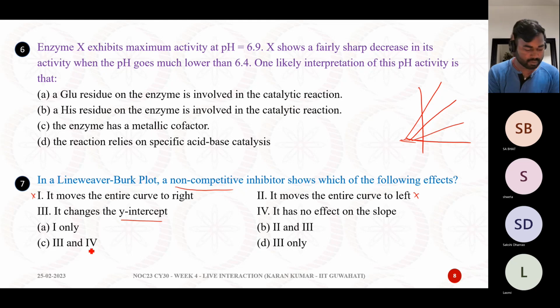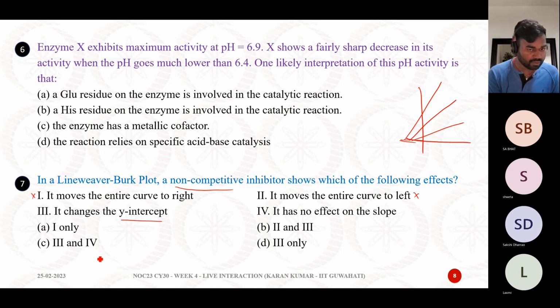Both 3 and 4th. Let me again cross verify. Sir, did we confuse it with uncompetitive and non-competitive inhibition? Yeah, I think so. Let me again cross verify it. What did I tell you?